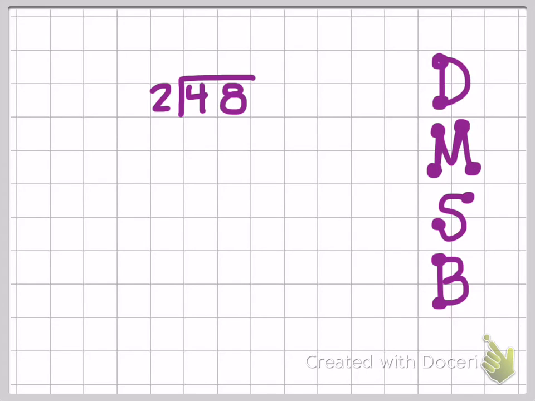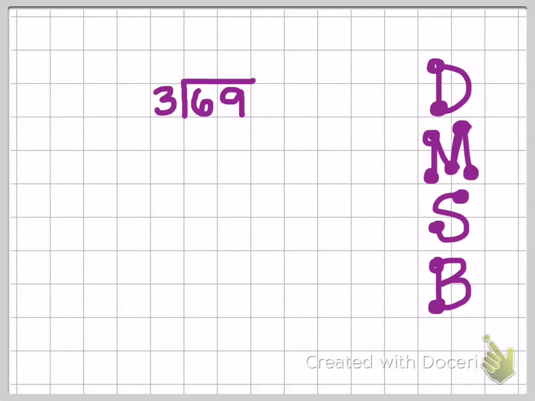Okay, now make sure your desk is completely erased, and let's try a new problem. On your desk, I want you to write 69 divided by 3, just like you see here. Okay, what you're going to do is work the problem with me as we go through the steps together.